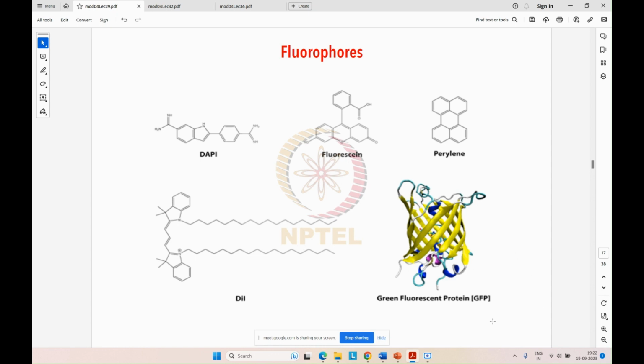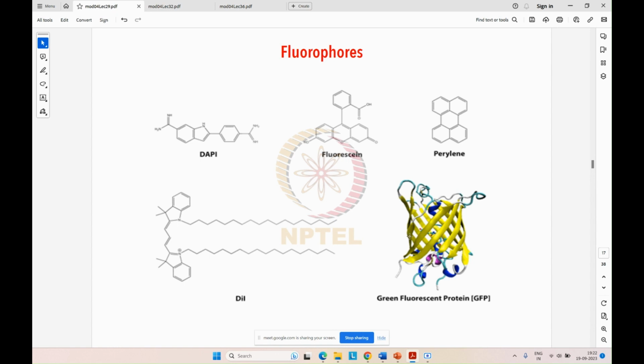Most of the proteins that we use are tagged with a fluorescent protein. So you would have a protein of interest, and there would be a tag associated with it, which can be a green fluorescent protein or a red fluorescent protein. The origin of it is from jellyfish, the name of which I don't remember.